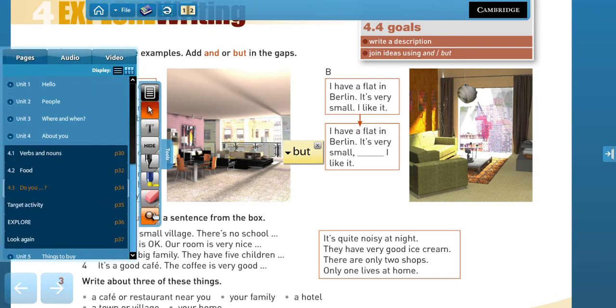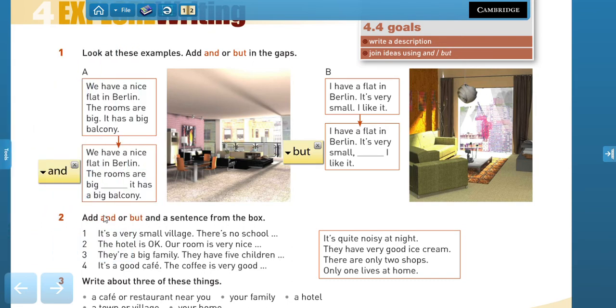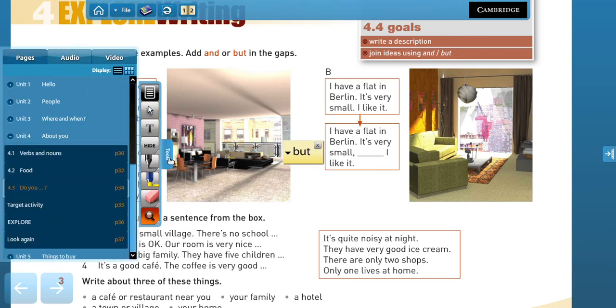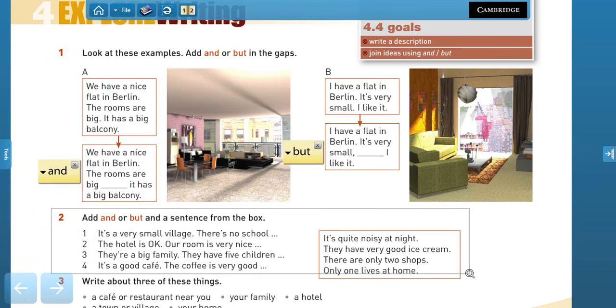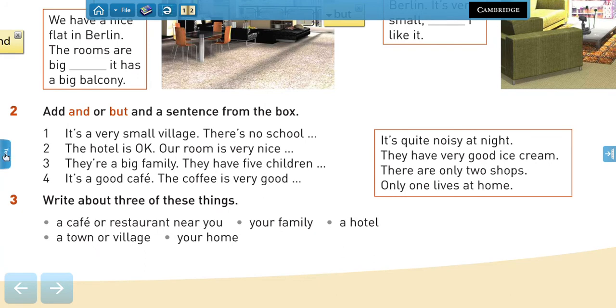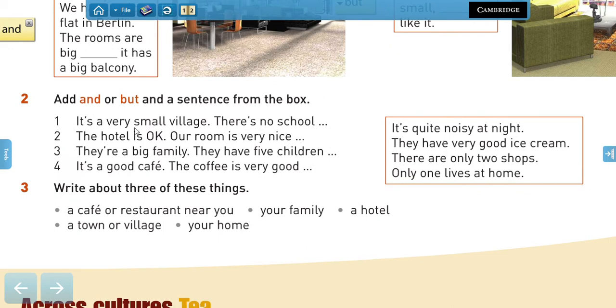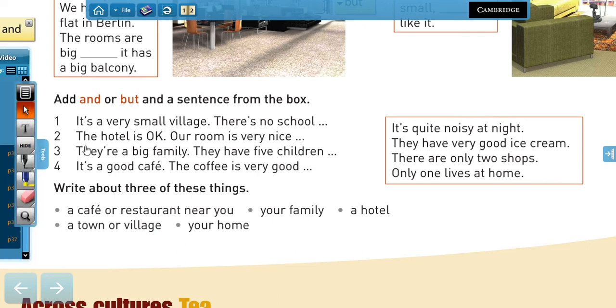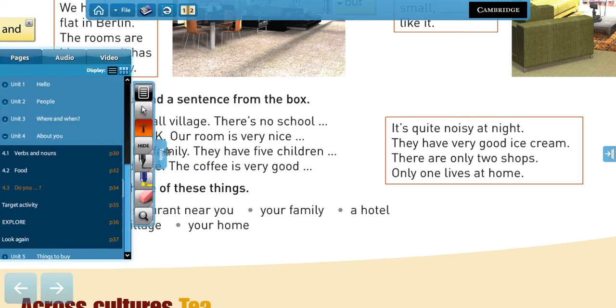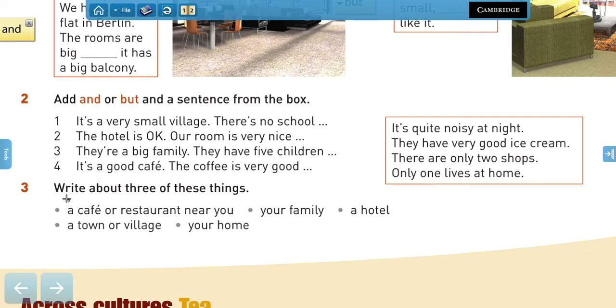Let's do exercise number 2 here. It says, and or but, and a sentence from the box. So we have here some examples that you have to join with these ones. So you're going to pause the video now and try to join these sentences using and or but. So I'm going to do number 1 as an example. Number 1 says, it's a very small village.